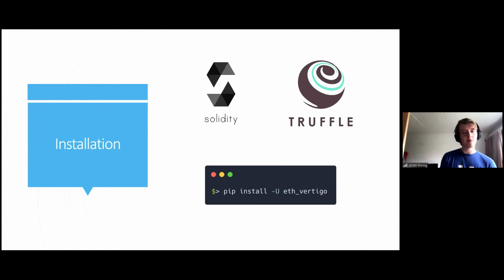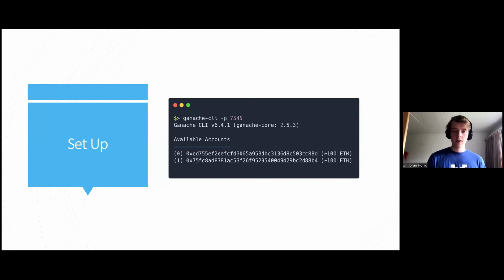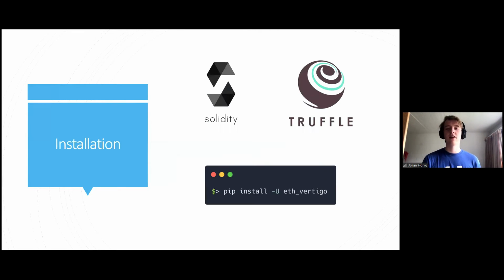I'm assuming most of you would have Solidity and Truffle installed already, as well as Python. And assuming that this is actually the case, the only thing you'll have to do to install Vertigo is run this simple command. Following which, you'll need to set up a test network because, as you might have noticed in the previous slide, we need Truffle.